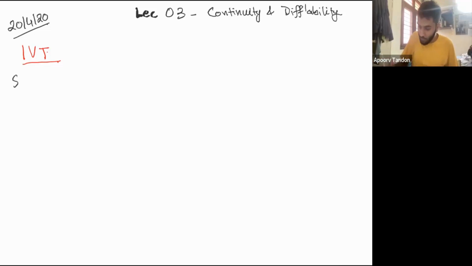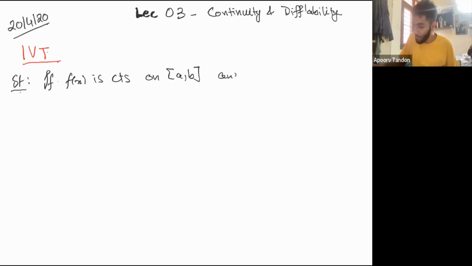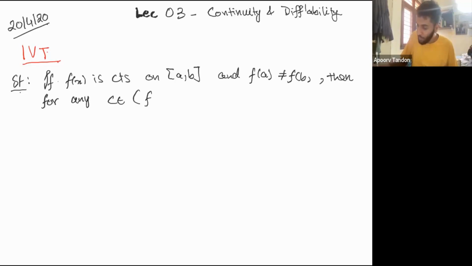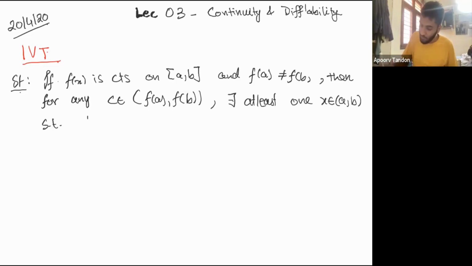So the statement of the theorem is, if f of x is continuous on a closed interval [a, b], and f of a is unequal to f of b, then for any real number c belonging to the open interval f of a to f of b, there will be at least one x belonging to the open interval (a, b), such that the value of the function at that point is equal to c.